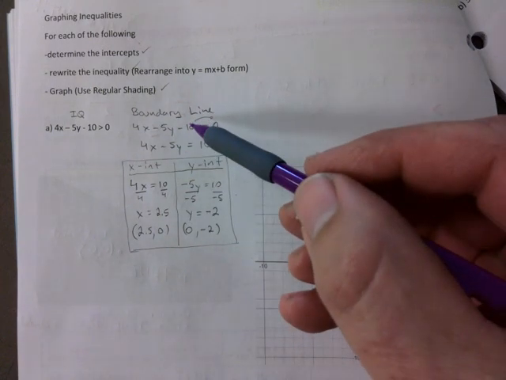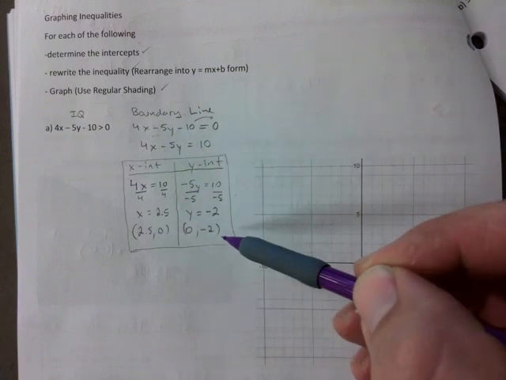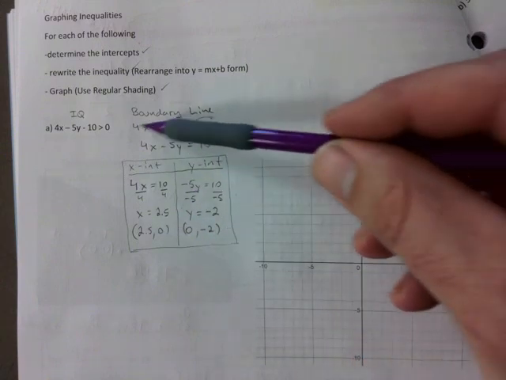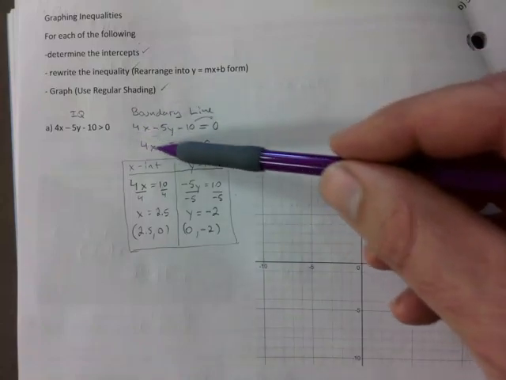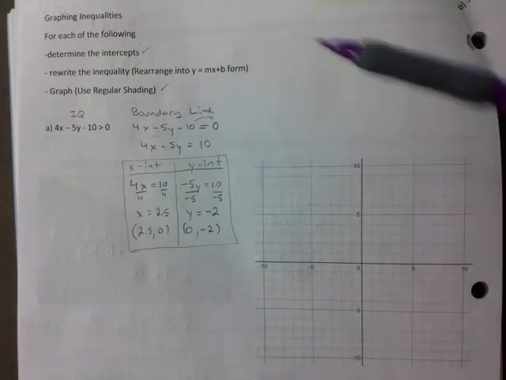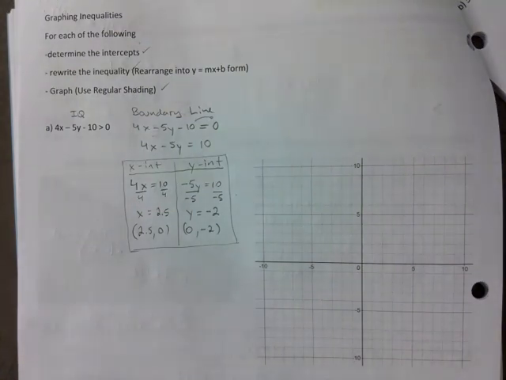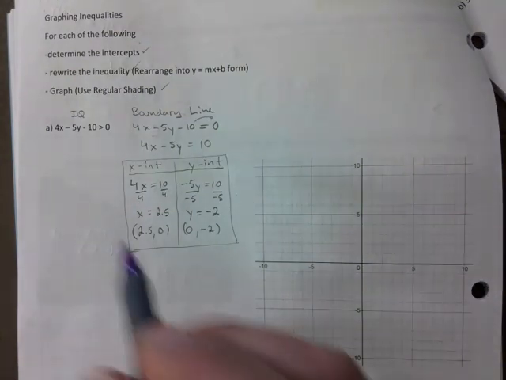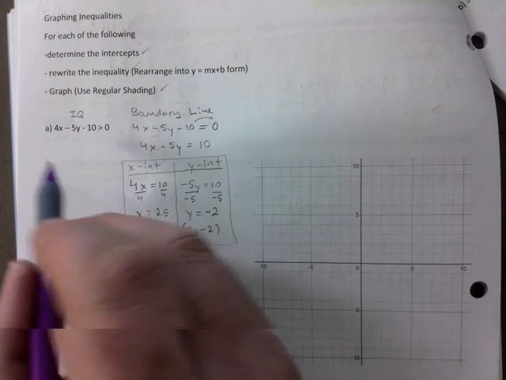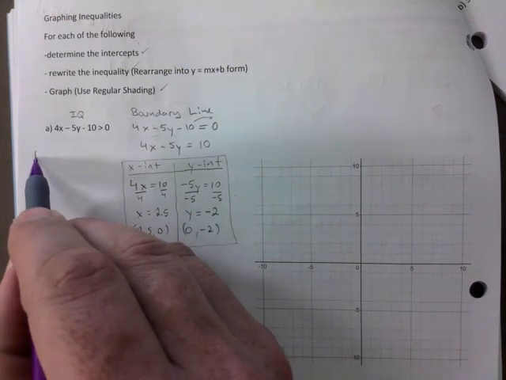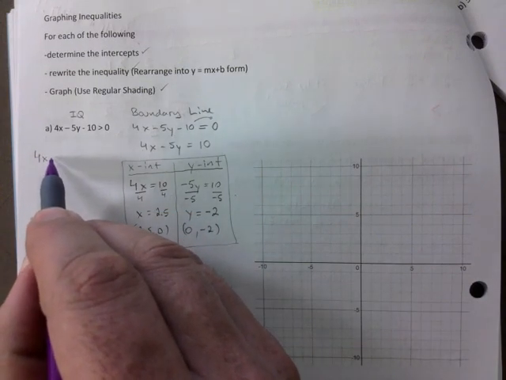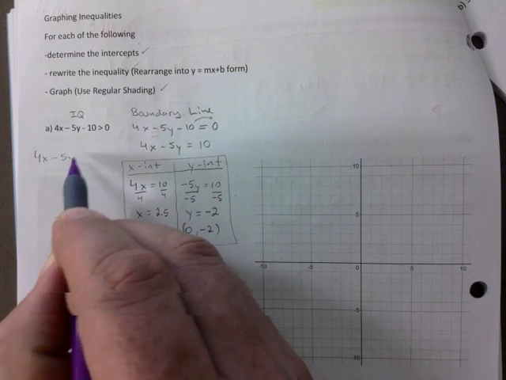So I use my boundary line to determine the intercepts. I can tell you that this part I don't really have on my key. I just look at this and treat it as if it's an equation. But anyways, let's rewrite. So this is the rewriting part. 4x minus 5y.